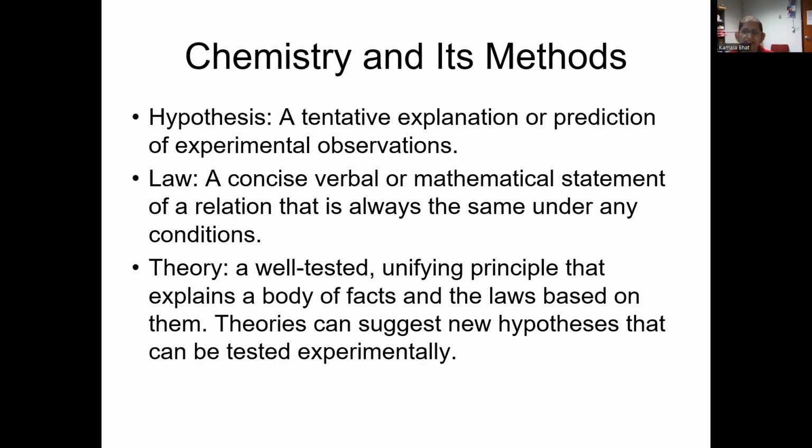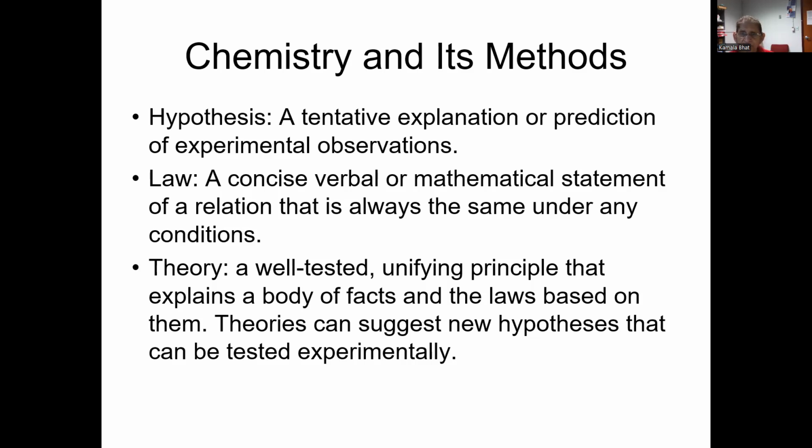Before starting any studies, we need to know what are the methods that are involved in chemistry. Just like in any scientific study, it involves the explanation or prediction of a tentative observation, and this is called a hypothesis.